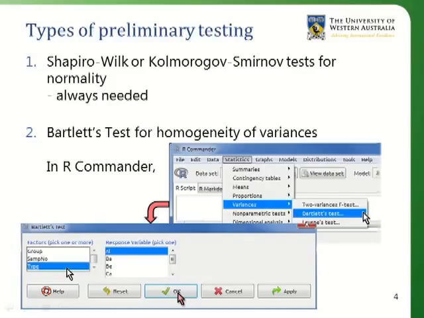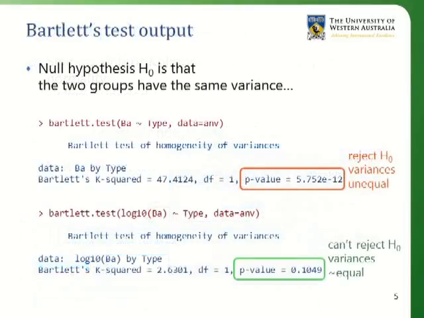Group in this data set has, I think, 8 levels, and the Bartlett test can handle that as well. So the Bartlett test output looks something like this, and as with many statistical tests, we're testing against a null hypothesis, and our H0 in this instance is that the groups have the same variance.